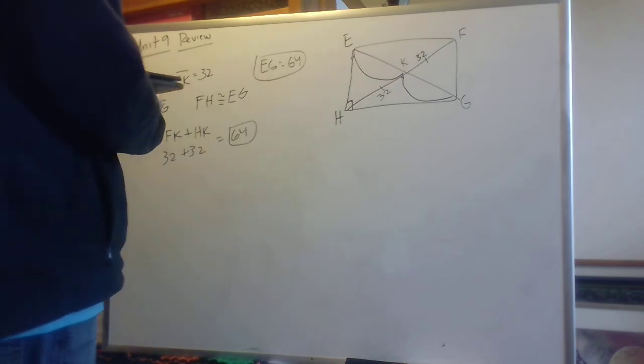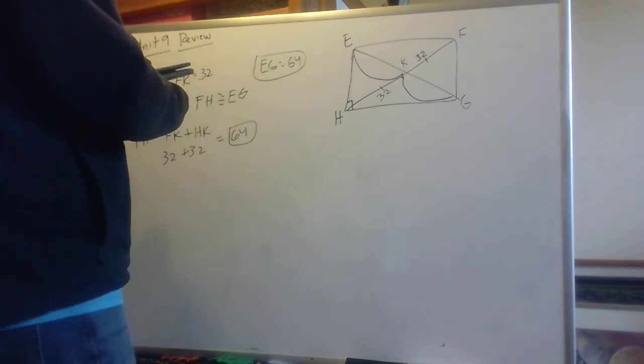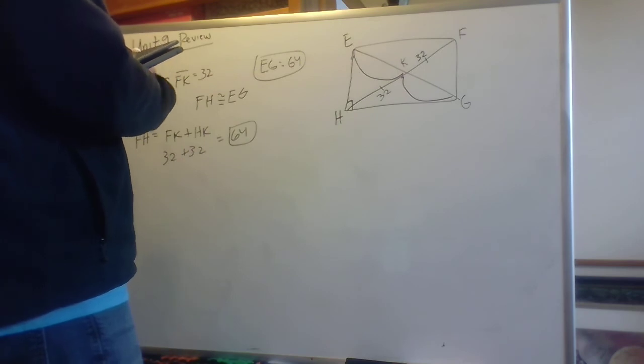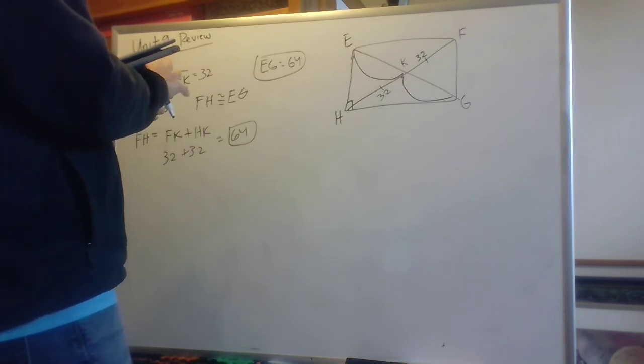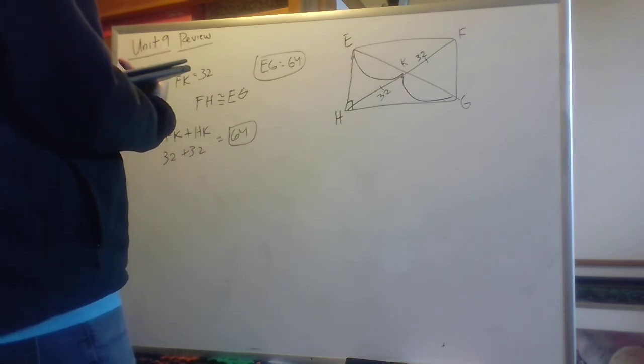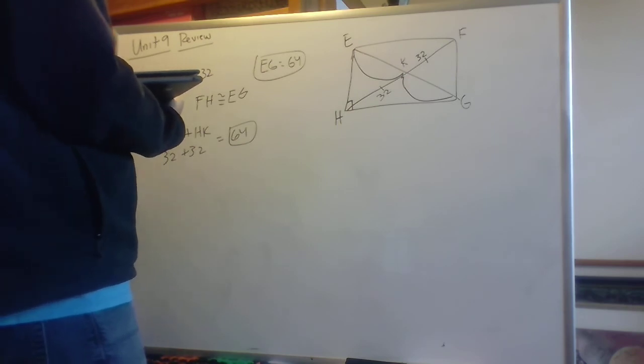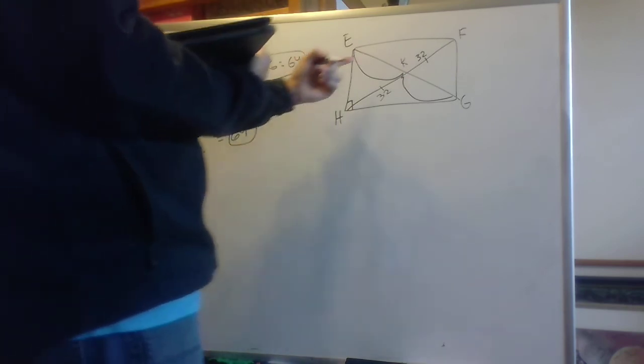I'm going to do number 23 and have you do the rest, 26, 24, and 27. They all have to do with this diagram. So I'm going to erase what I drew up here.